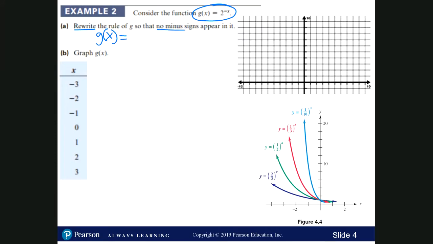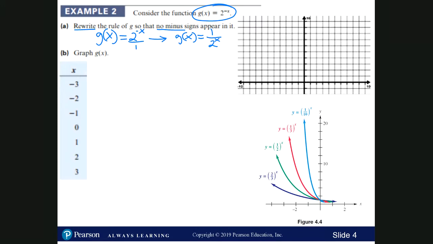So remember, if we have 2 to the power negative x, we assume that the denominator is a 1. And so what I can do is interchange the numerator and the denominator, and that will take care of the negative sign of the exponent. So it will be 1 divided by 2 to the power x.